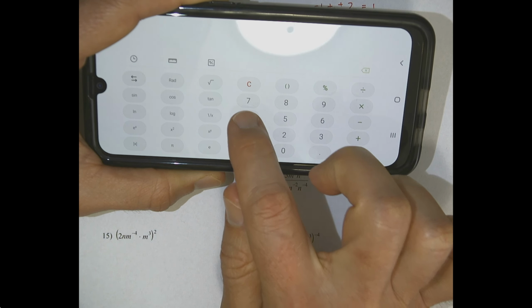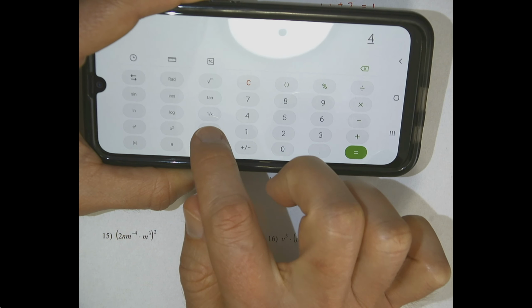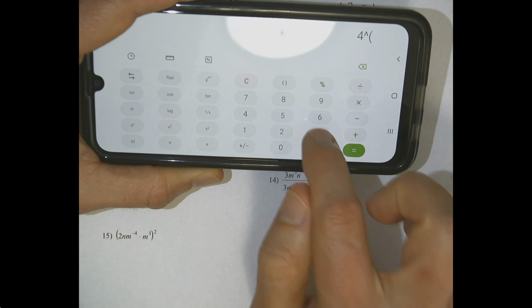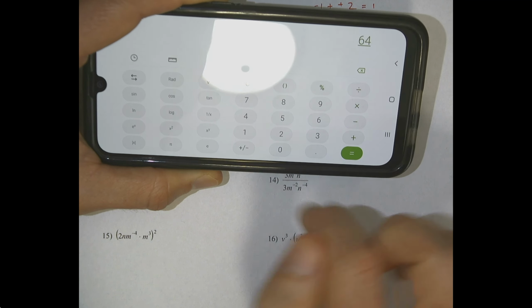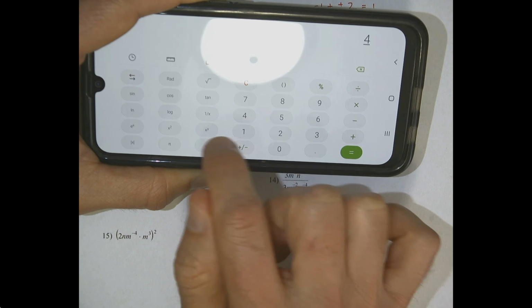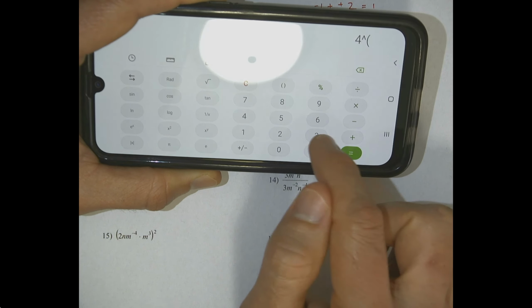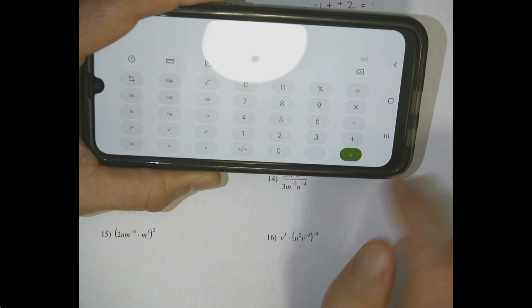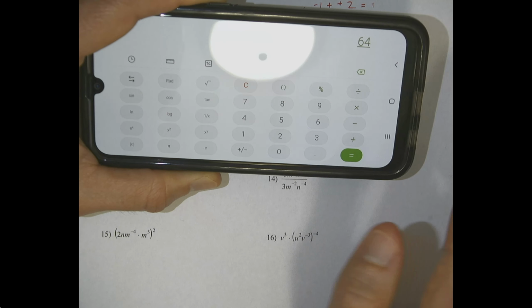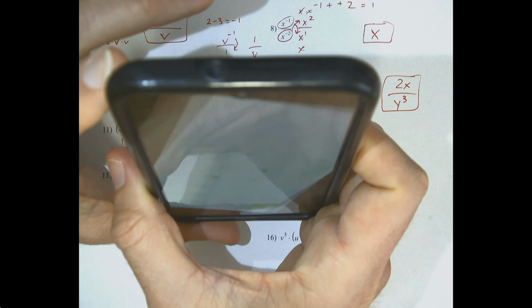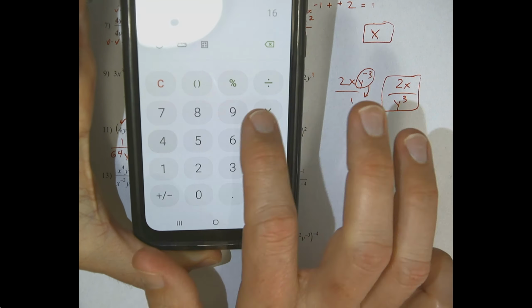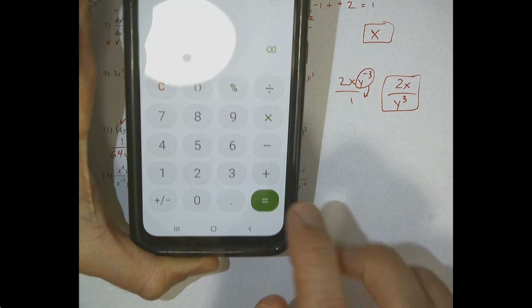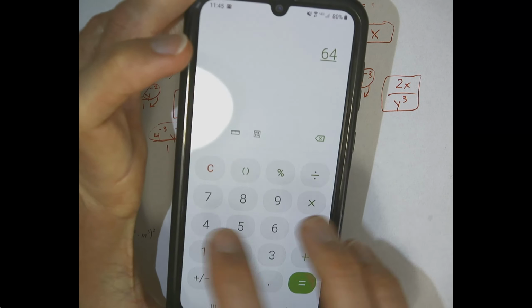Let's see if I can do it. So let's say I wanted 4 raised to the third. There you go, 64. So I put the 4 in first. I hit the x raised to the y. Put that in. But remember, let's say you were stuck and you only had a basic calculator. We need to understand that 4 to the third is just 4 times 4 times 4. And I'm going to get 64 that way.